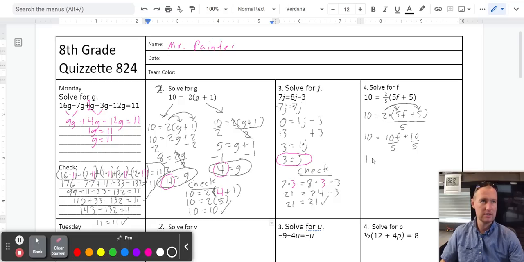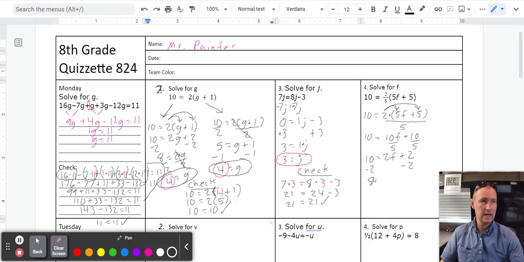Next step, I got 10 equals 10 divided by 5 is 2f plus 10 over 5 again is plus 2. So fractions just went away. That was a really nice step. Now we're just solving for f. So opposite of add 2 is minus 2, minus 2.